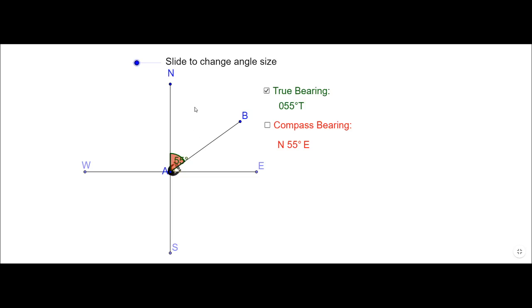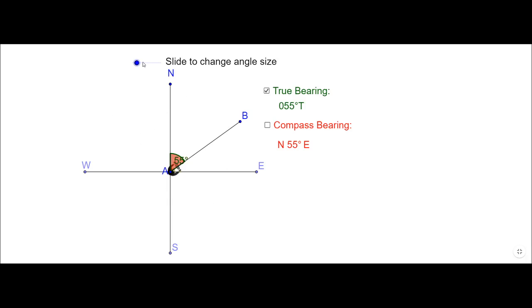In the first quadrant, both true bearing and compass bearing are measured from the north. So all the angles here are acute angles, and therefore they are similar. True bearing and compass bearing in the first quadrant are equal. This is the first quadrant. We call this the second quadrant, the third quadrant, and the fourth quadrant.